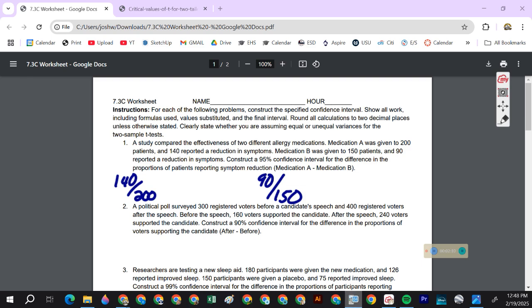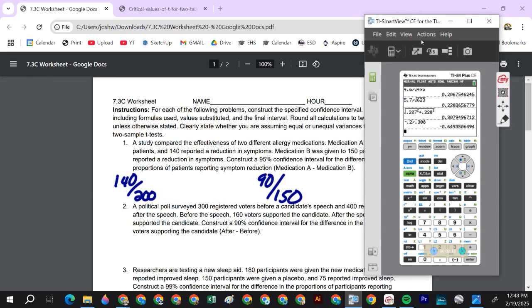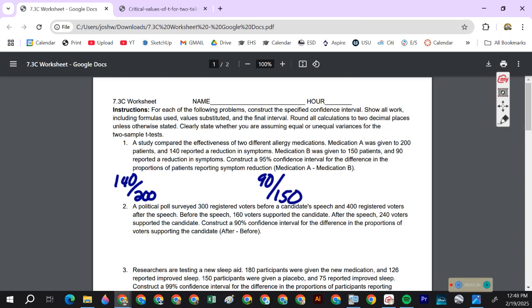Move my calculator over. All right, so 140 out of 200 gives us 70%.